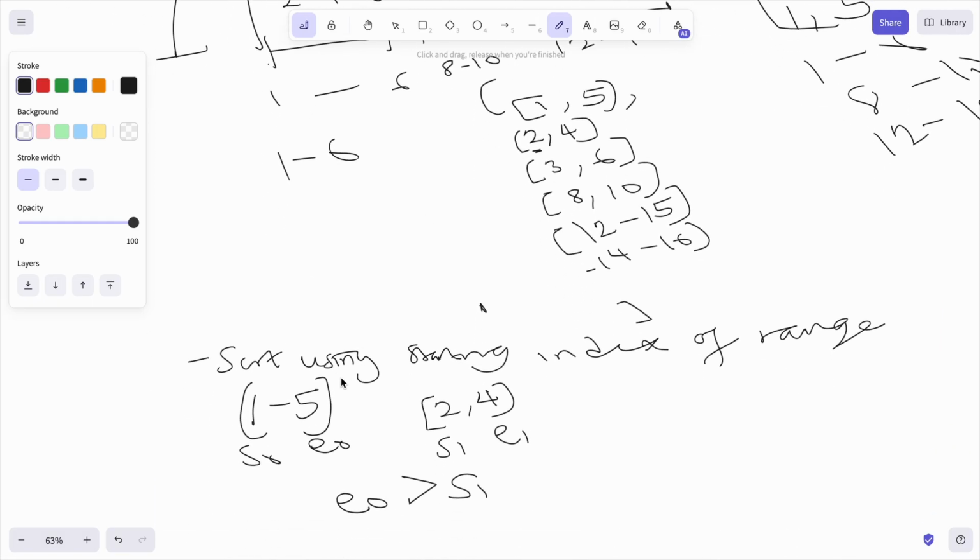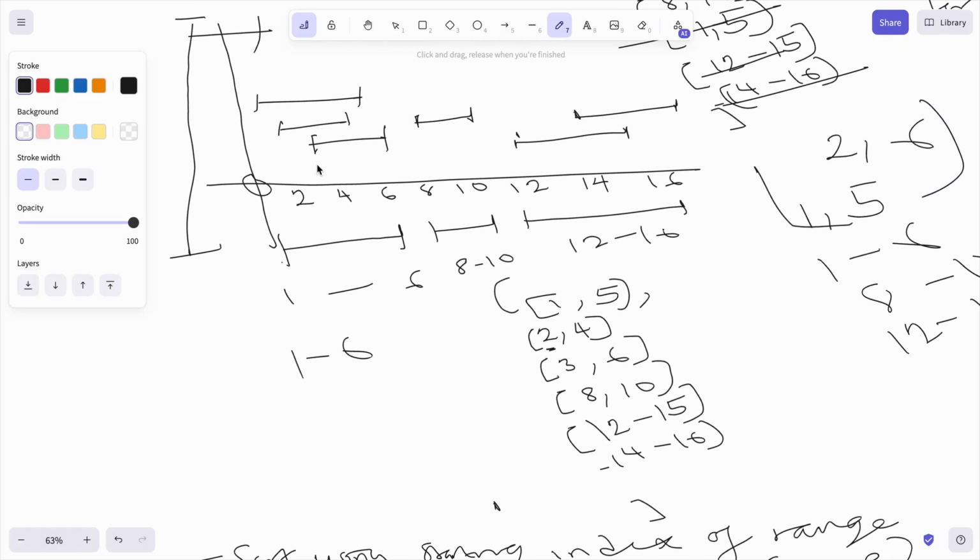That is a very important point. So when we merge this, we'll have 1 as a starting index, since it's the one we're starting with. But then the ending index will be the maximum of E0 and E1. In this case, the maximum of 5 and 4 is 5. So we have 1 and 5. This is a very important point. At the end of this merge, we end up with this.